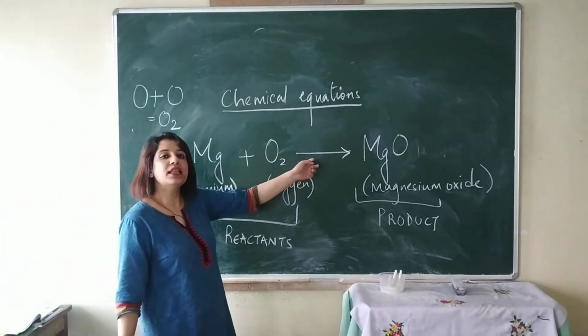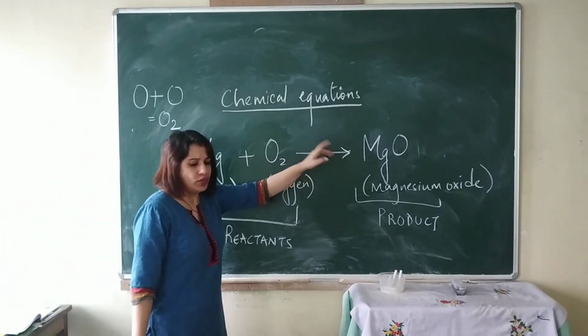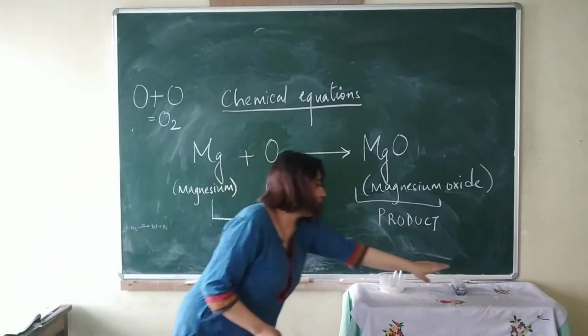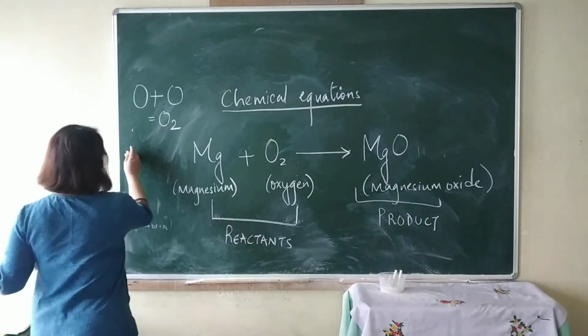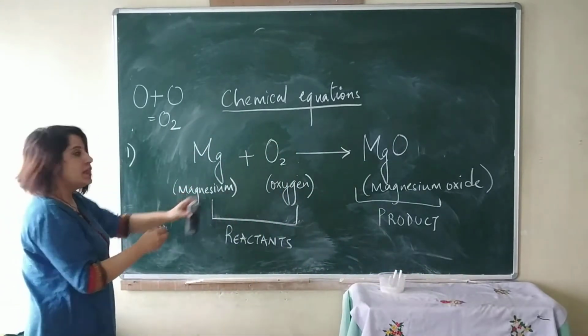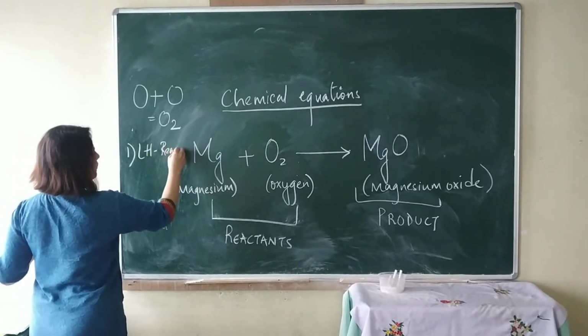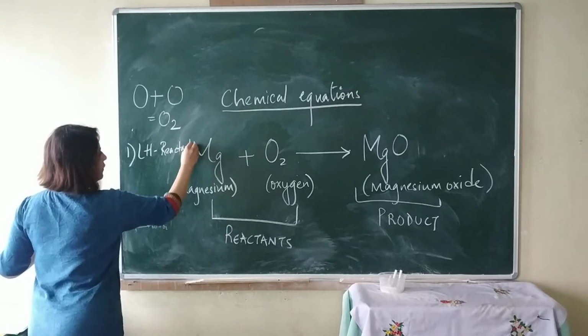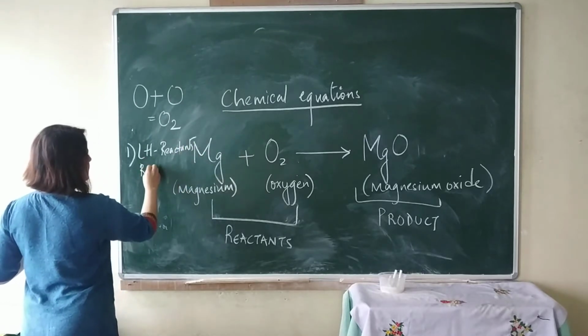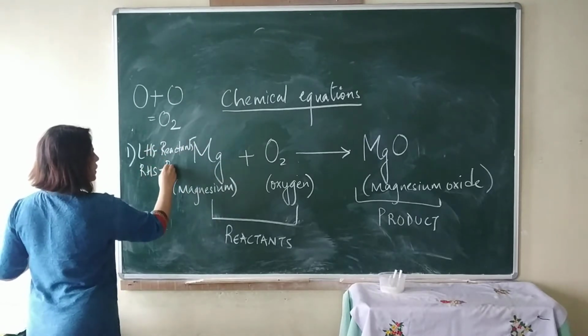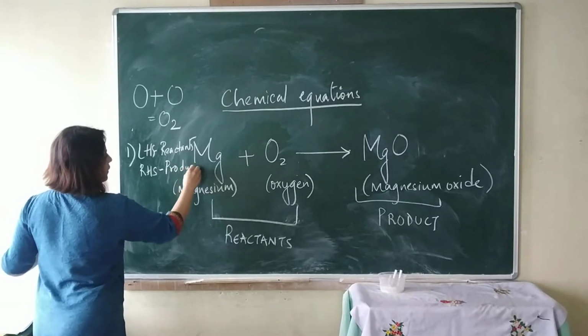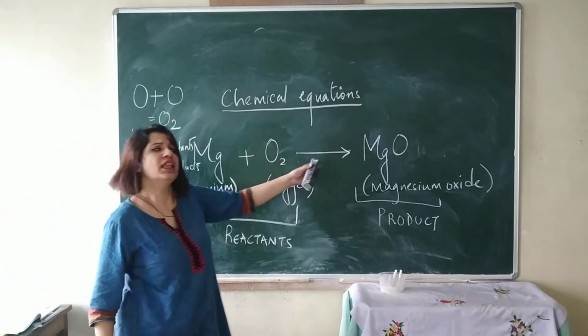Now the next thing, this single arrow. Let me write down the points first. The first thing is the left hand side denotes reactants and the right hand side denotes the products. Now the single arrow.